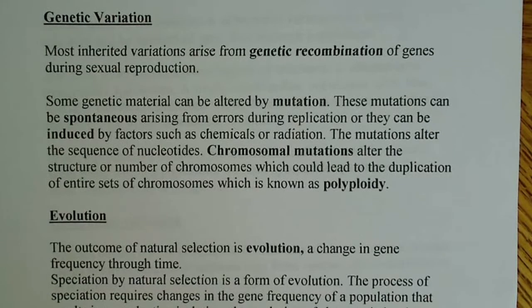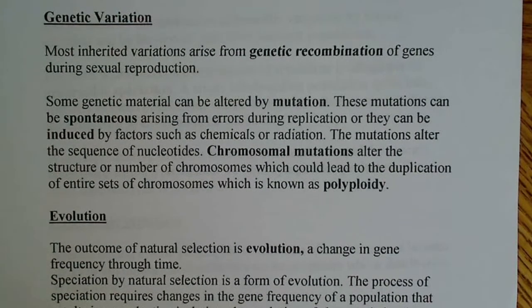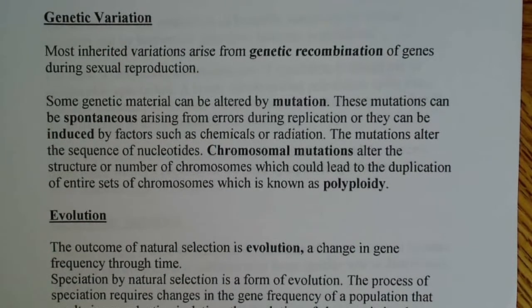It may introduce that base, and then you might have improperly paired bases. If that occurs and that gets passed on to the next person, that can change the sequence of amino acids, which can change the protein, which can change the shape of the protein, which can change the function of the protein. So you could literally really get messed up by a mutation.